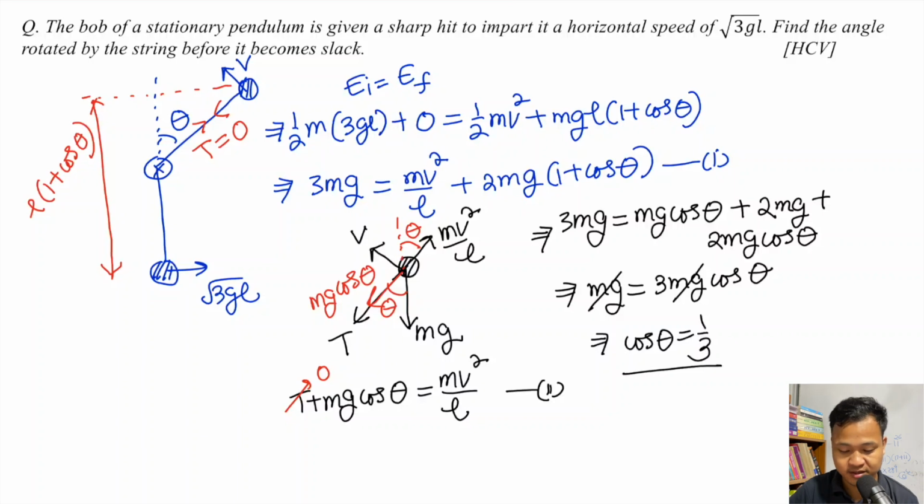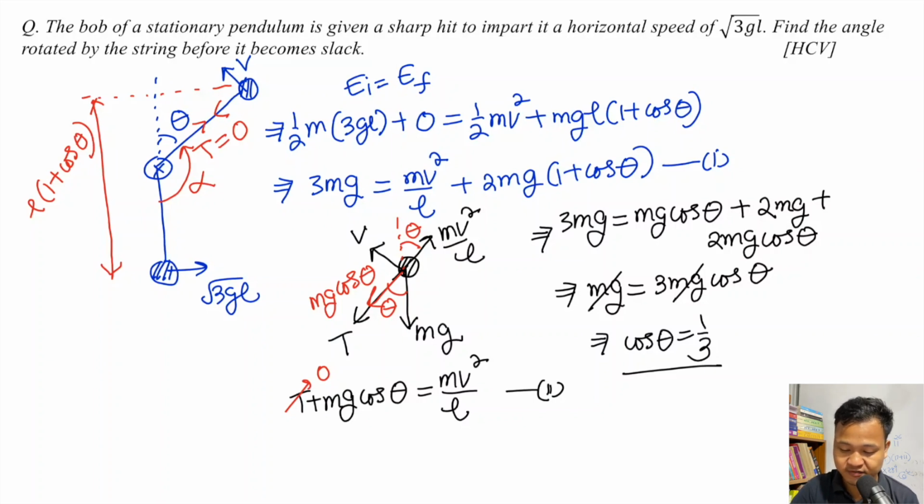But the question asks to find the angle rotated by the string. So they are actually asking for this much angle, let's say alpha.